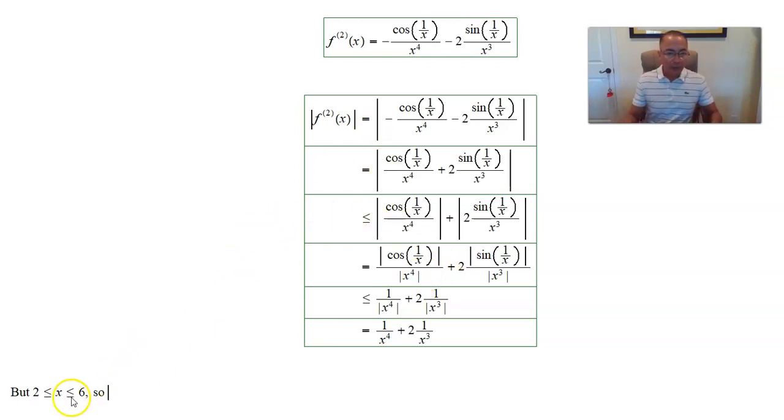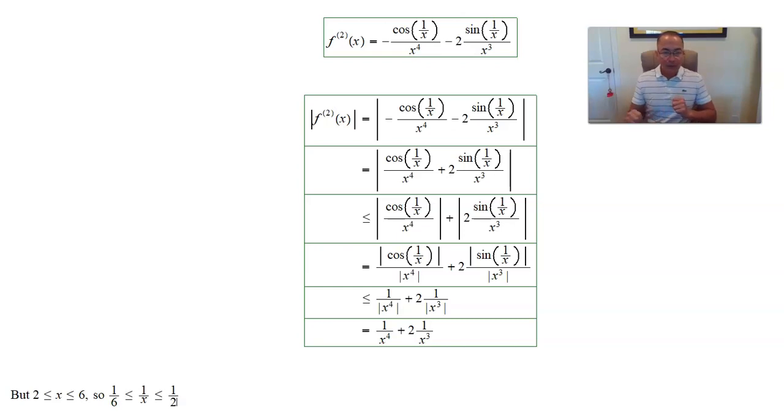The smallest number is 1/6. The biggest number is 1/2. So 1/6 is less than or equal to 1 over x, which is less than or equal to 1/2. Let me put a couple of less than or equals here. 1 over x will be between 1/6 on the left and 1/2 on the right.